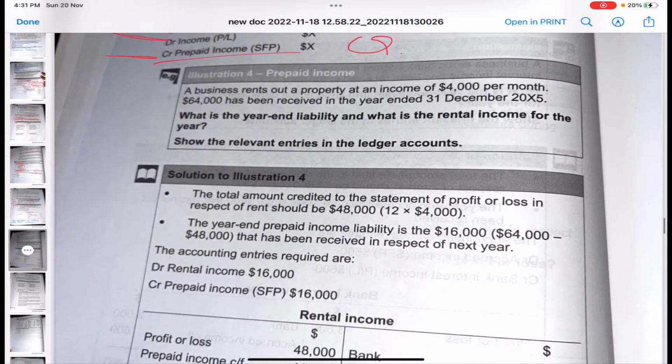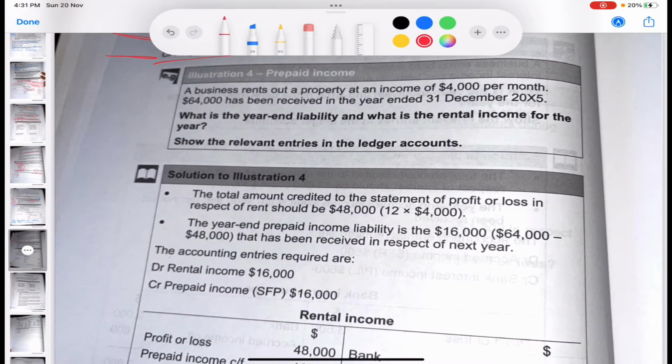Illustration: a business rents out a property at an income of 4,000 per month. So what is the rent per year?